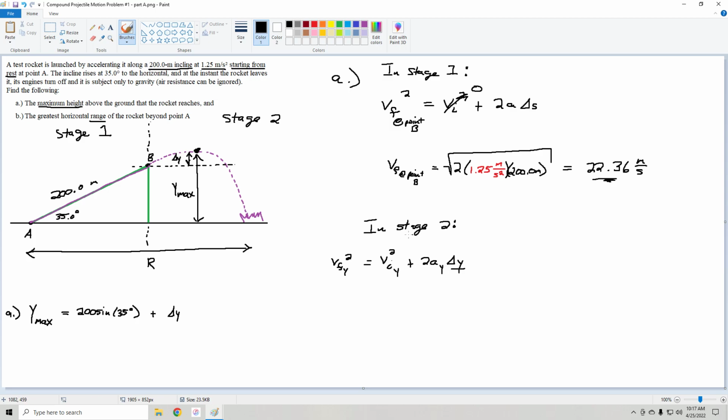In stage 2, when the rocket reaches the maximum height, the final velocity will be 0. Okay? So this is 0. That makes things easy.